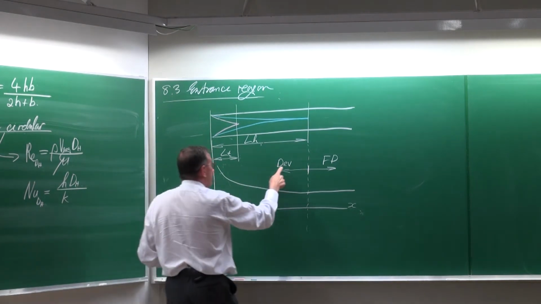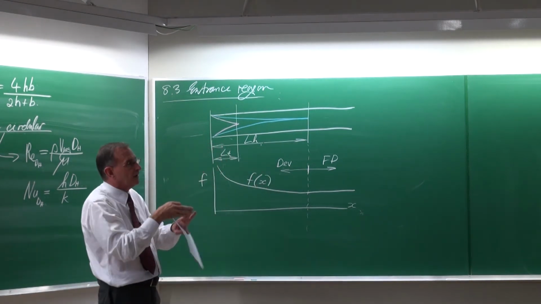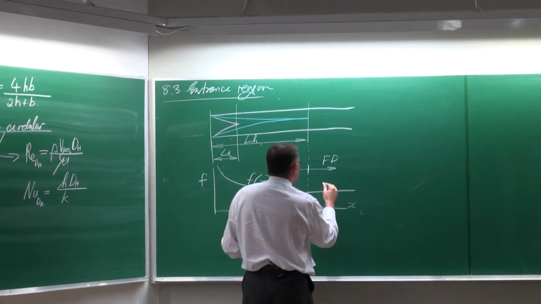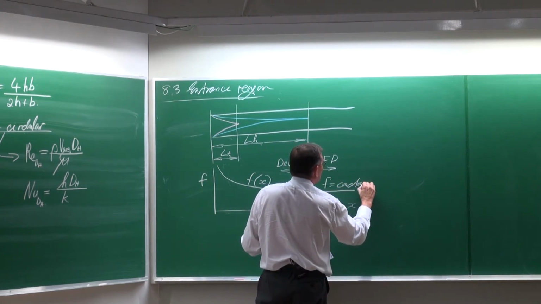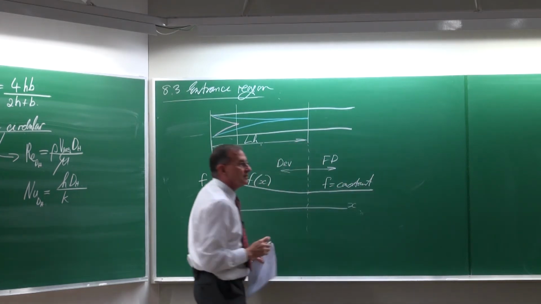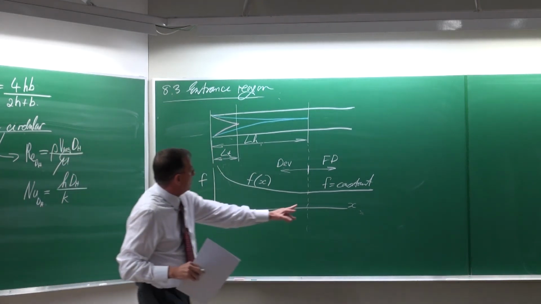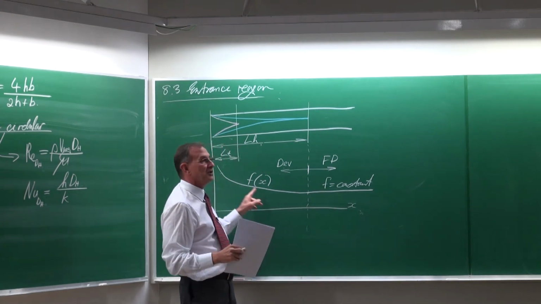If the flow is developing, then the friction factor is a function of x, the distance from the inlet. While if it is fully developed, the friction factor is going to be a constant. So the friction factors that you've seen in the Moody charts are these values. It is for the fully developed flow. It is not for the developing part.